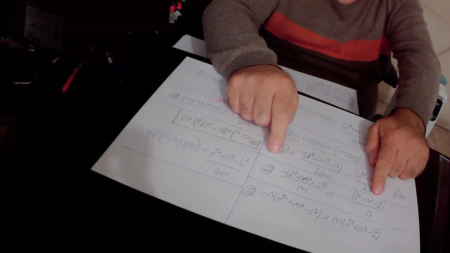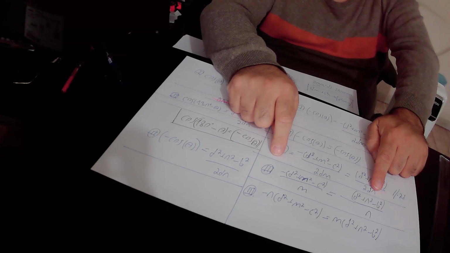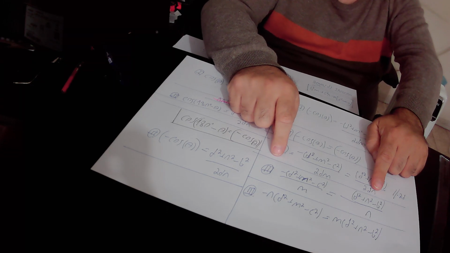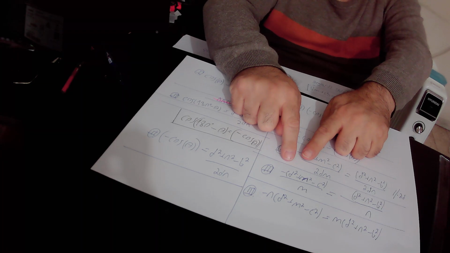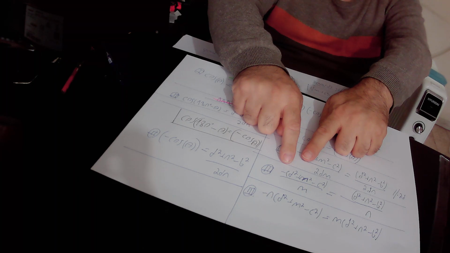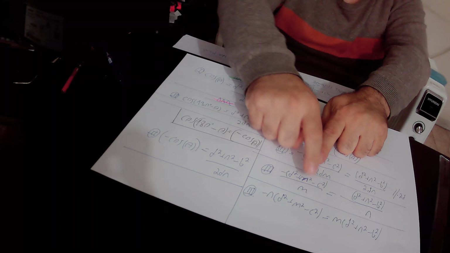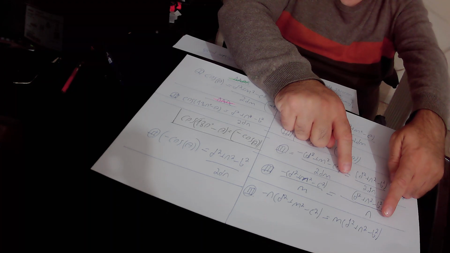Then we cross multiply this equation number 3, and we found out that according to equation number 3, minus n times d squared, inside the brackets we have d squared plus m squared minus c squared, and here m times d squared plus n squared minus b squared.